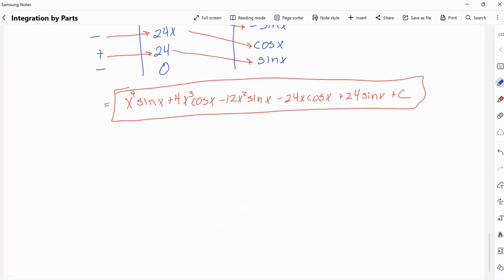There's one more example I would like to show you so you can see how to solve it. Let's say we want to integrate something like e to the 4x times sine of 2x dx.